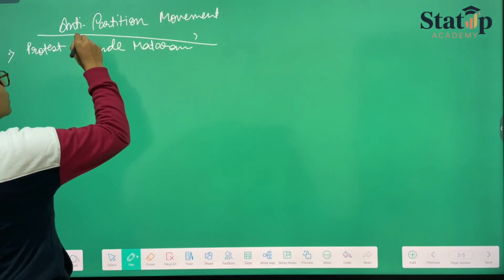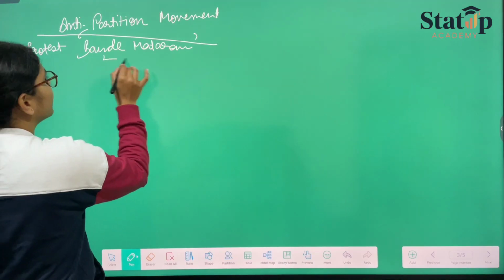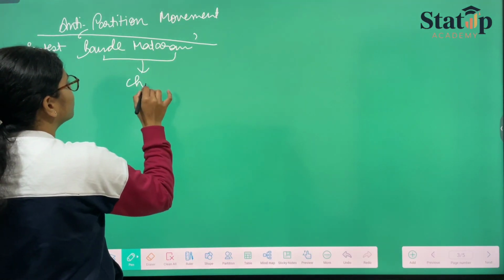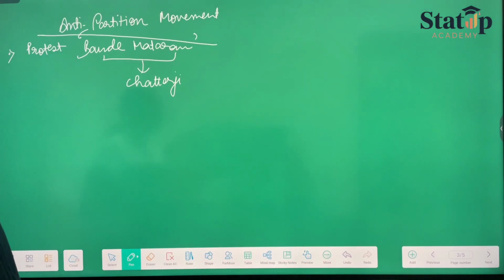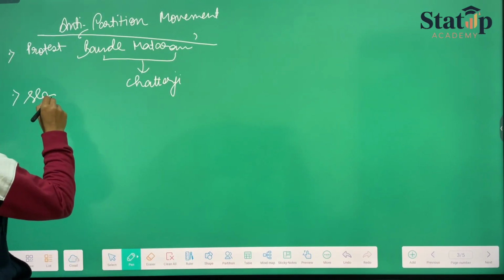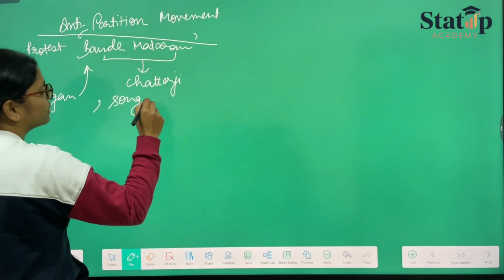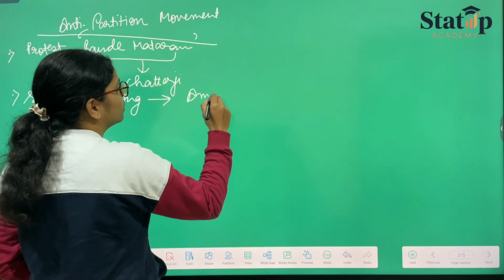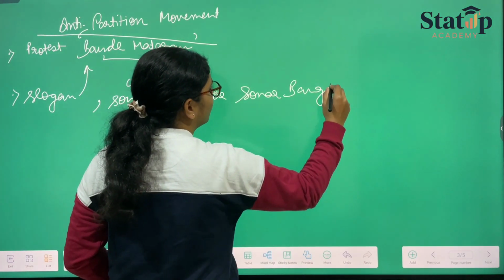And it was the basic song, Bande Mataram, written by Chatterjee. This you all should know, who wrote what. And the slogan was this. And the song that they sang was Amar Sonar Bangla.